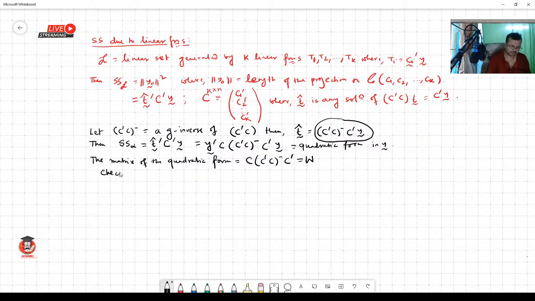Check that this W is symmetric and idempotent, with rank equal to R, which is the dimension of the column space of C.